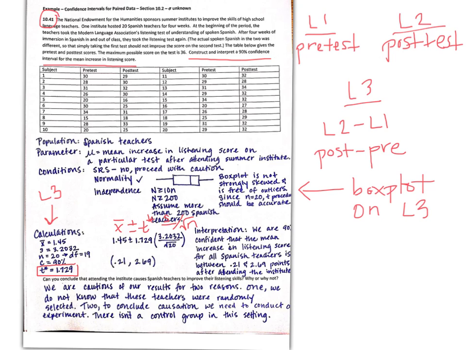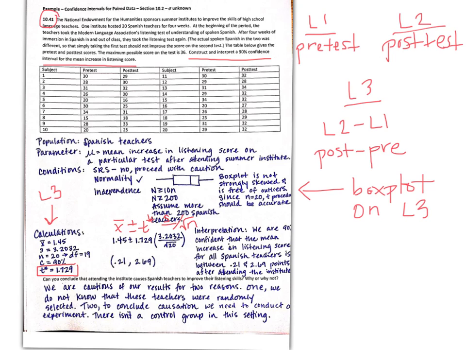The very last part of this question asks if you can conclude that attending the Institute causes Spanish teachers to improve their listening skills. And we should not determine cause and effect here for a couple of reasons. One, we don't know that these teachers were randomly selected. And two, we would need to conduct a randomized experiment in order to be sure about the cause and effect.